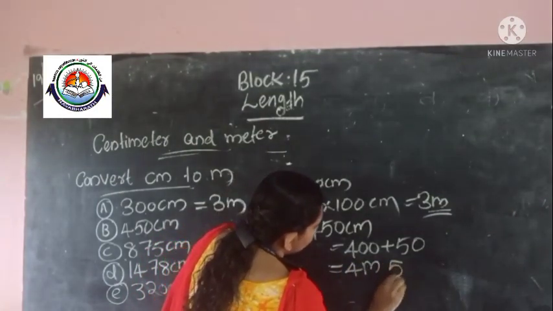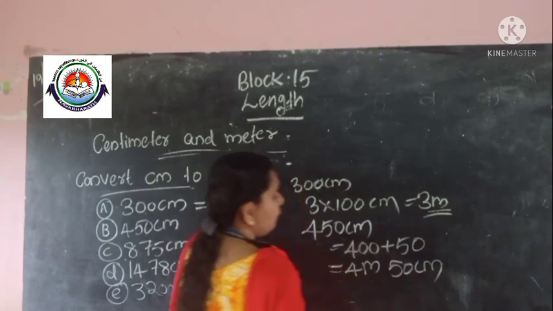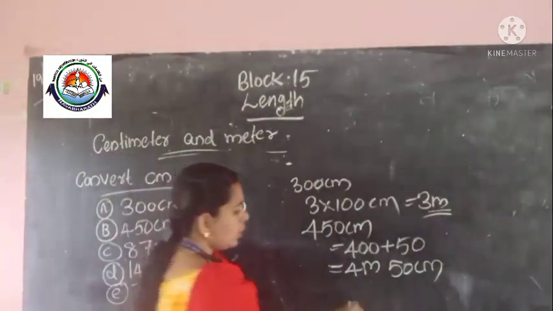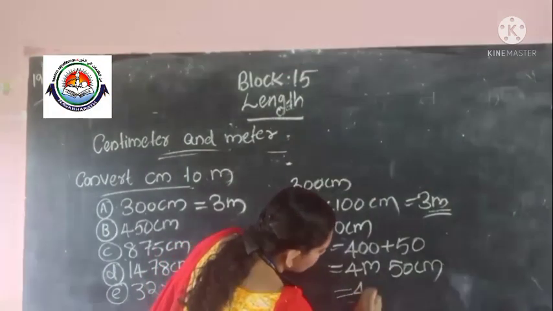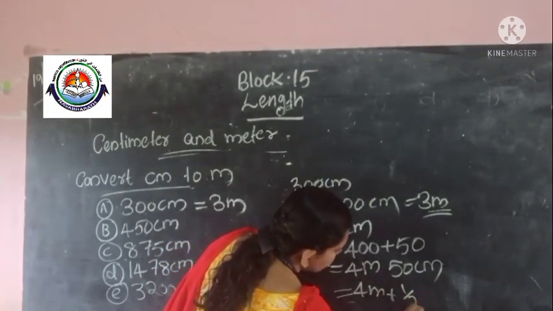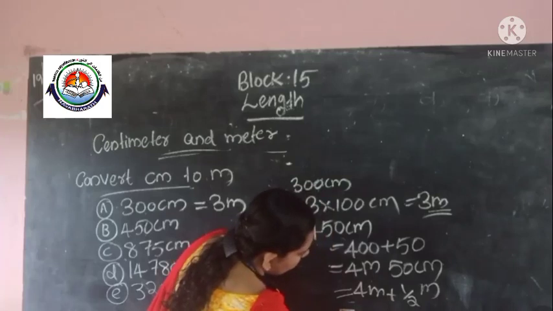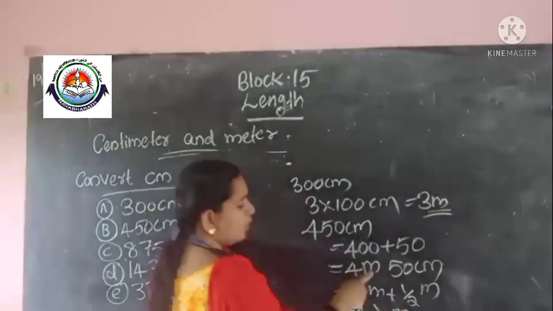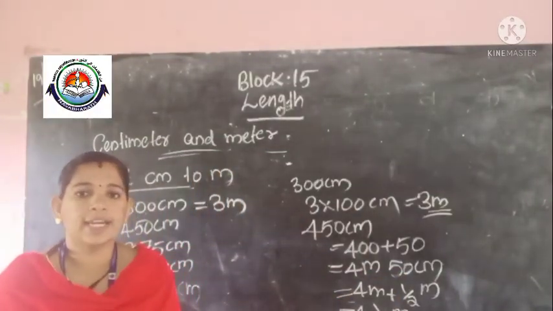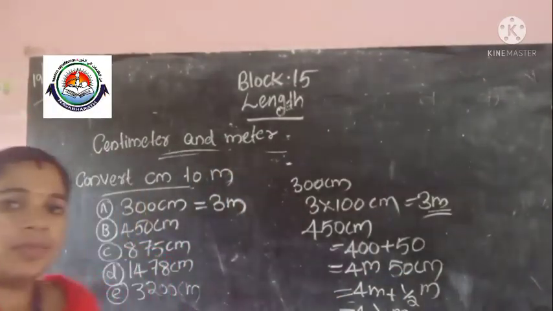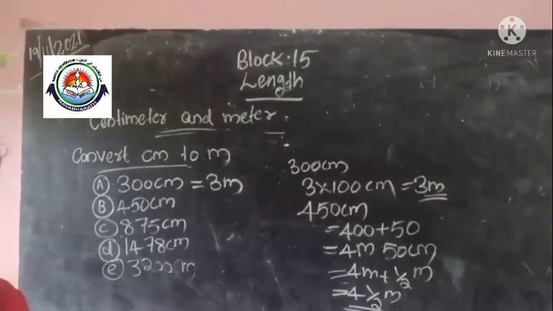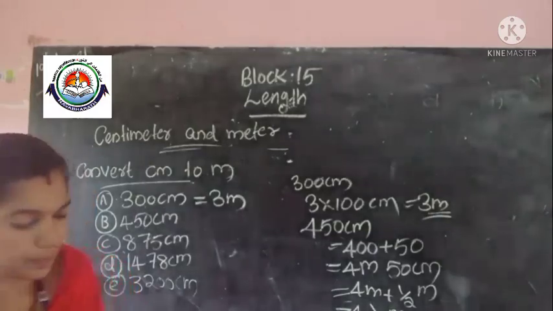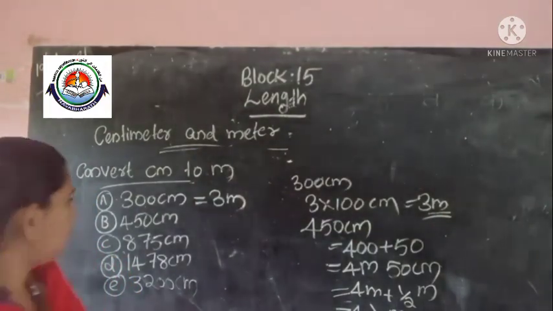Then 50 centimeter, how much meter? Half meter. So 4 meter plus half meter we can write 4.5 meter, or we can write 4 meter and 50 centimeter. Both are correct. 4.5 meter. It's clear? The next question.